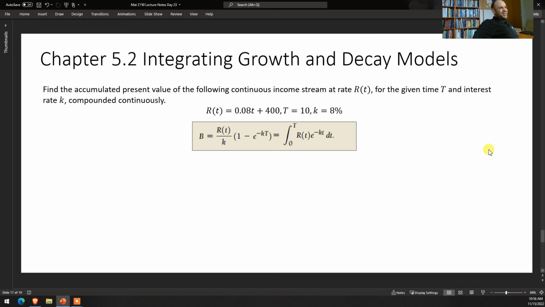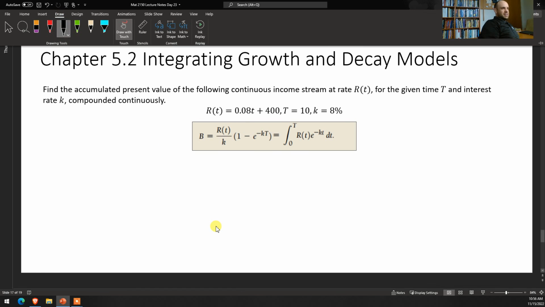Now let's try an example where we have a non-constant accumulation. That is, our R of t is not a constant function. Here this says that we're going to start with 400, and then after each year we're going to add 8% more.